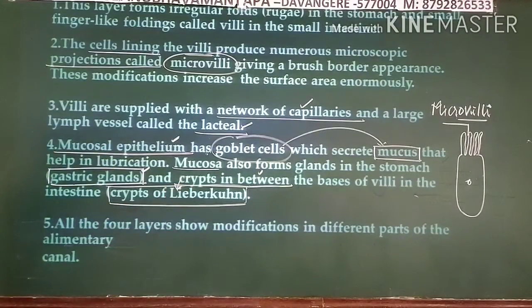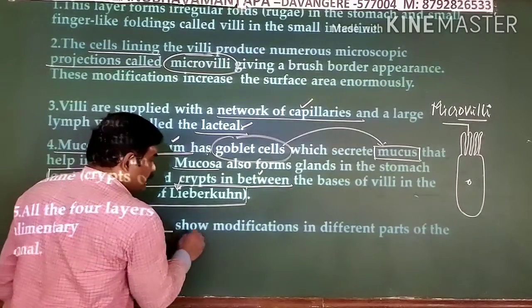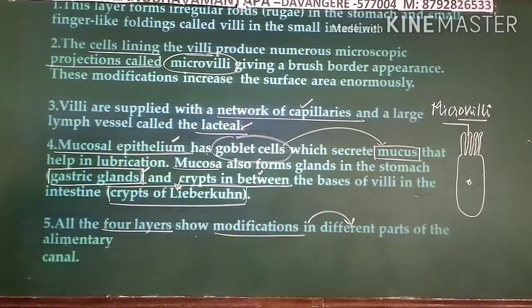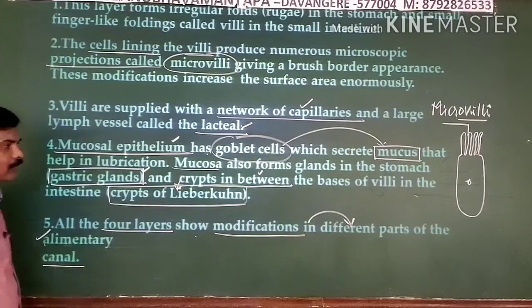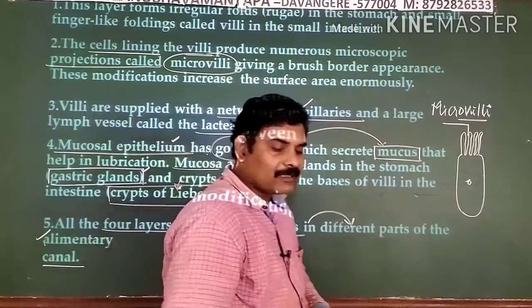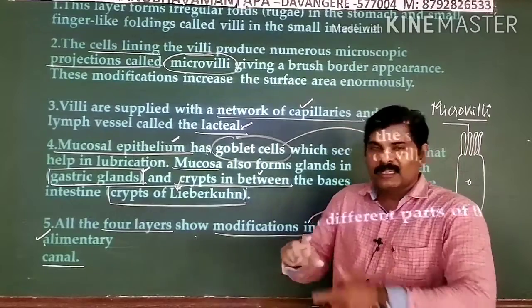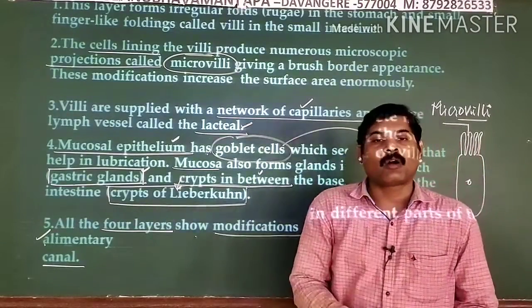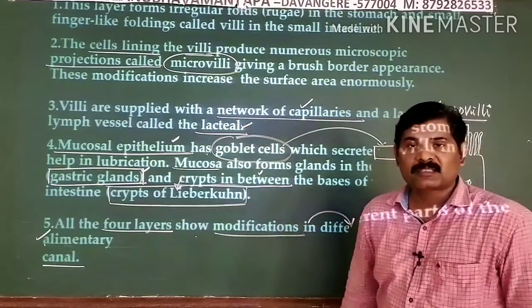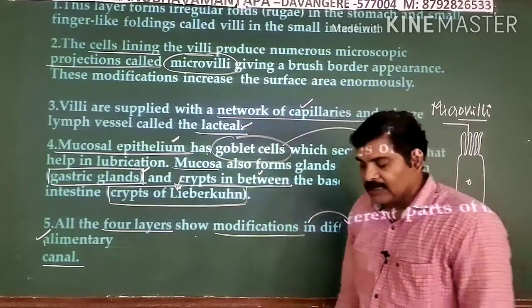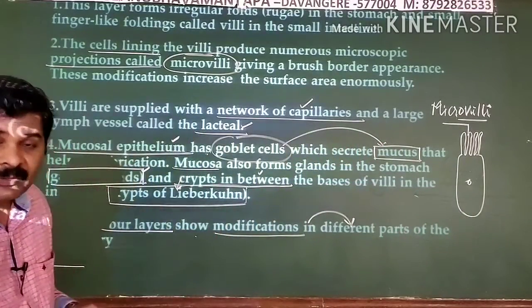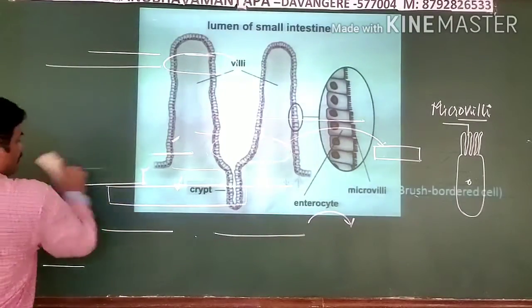Later on, all the 4 layers show modifications in different parts of your alimentary canal. So the alimentary canal is not similar along its whole length. It shows some differences in some areas, as I said, in the stomach, how it is different from the small intestine. This is all about the villi as well as the rugae.